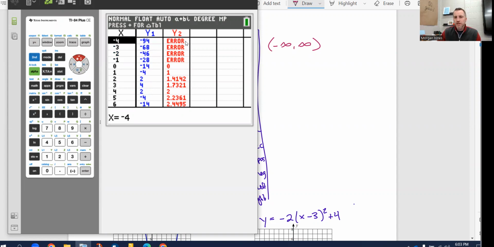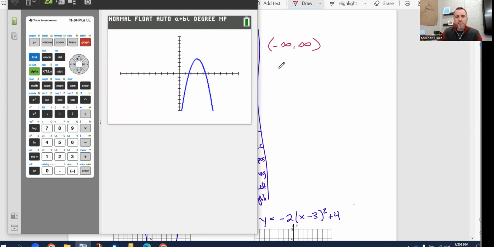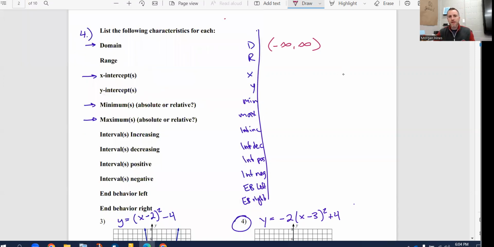All the negative numbers get errors. And that's because when you take the square root of a negative number, you don't get a real number. And so that would be a domain of not all real numbers, only positive real numbers. But we don't have to worry about that just yet. I just thought I'd give you an example of when it wouldn't be that. So always negative infinity to positive infinity for the domain, because x can be whatever it wants to be.